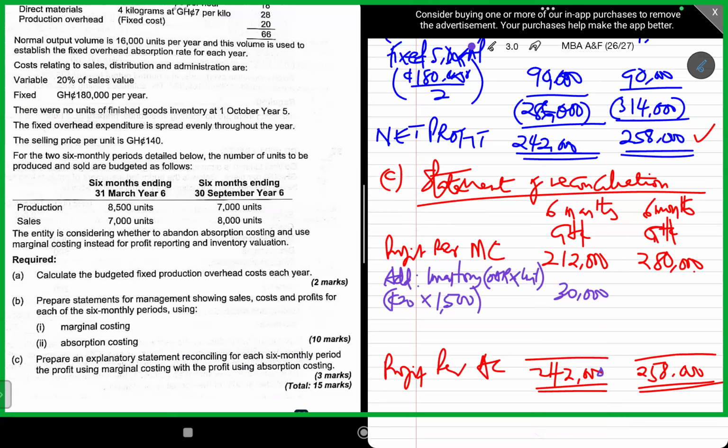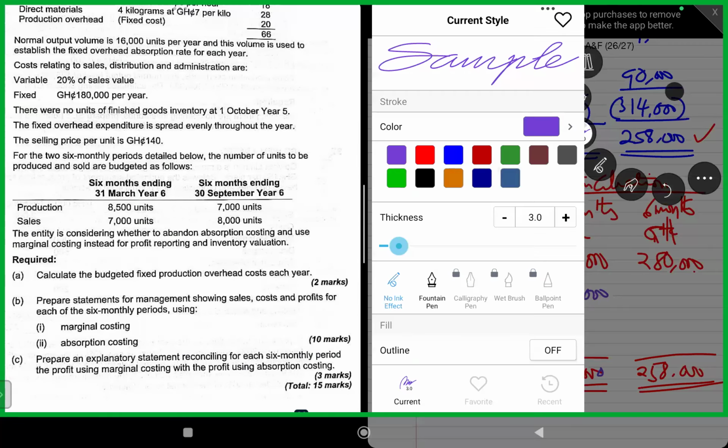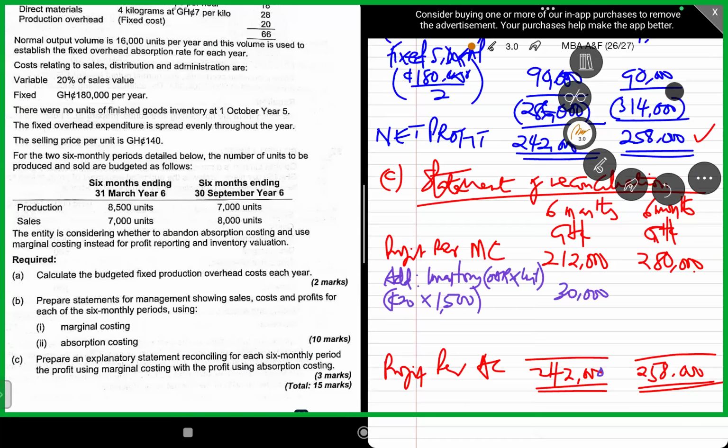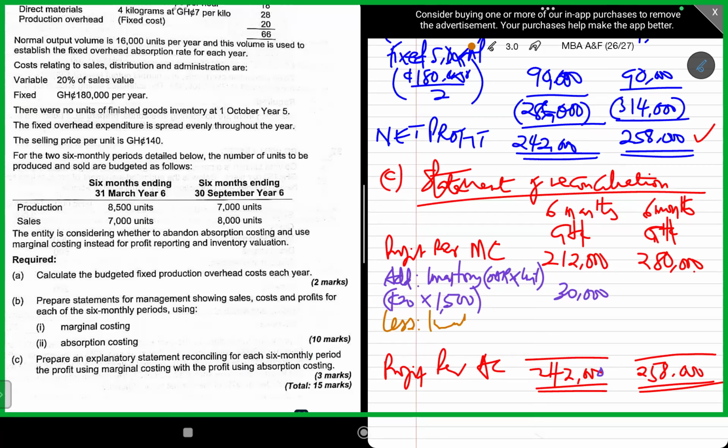So the next one. What should be done to the 280 to have 258? Should we add or subtract? It should be less, so we subtract. Less inventory, right? Yes.